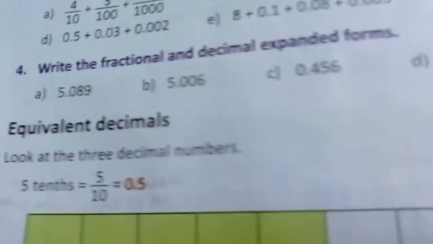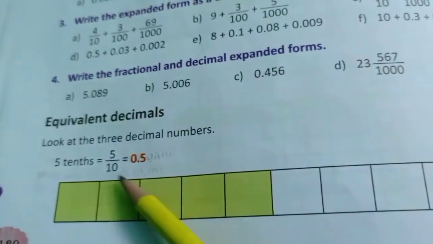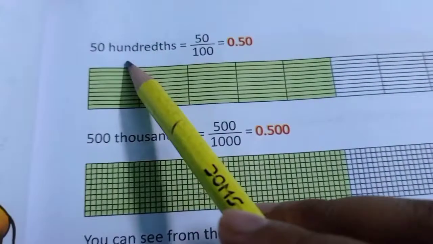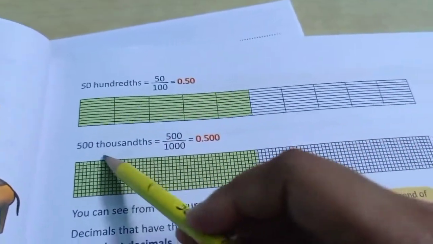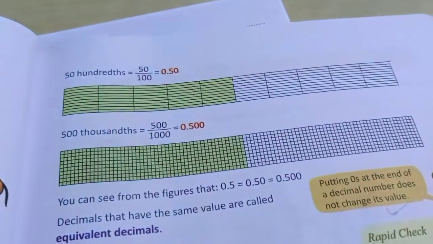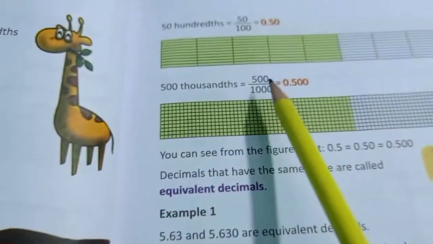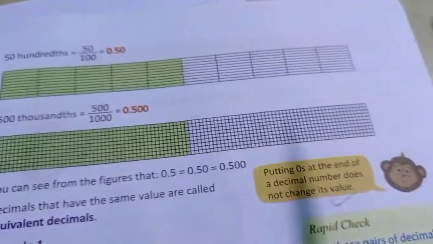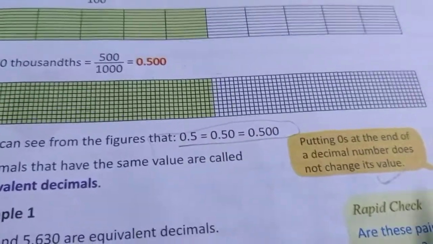So let us go to the topic of equivalent decimals, which is an important concept. You see, 5 tenths, 5 by 10, is equal to 0.5. 50 hundredths, 50 by 100, means 0.50. 500 thousandths, 500 divided by 1000, is 0.500. So 0.5, 0.50, 0.500 are all equal. These are known as equivalent fractions.